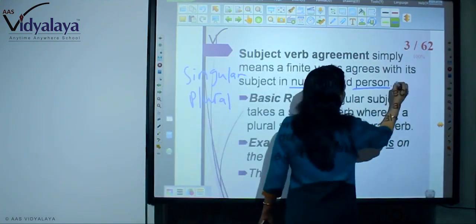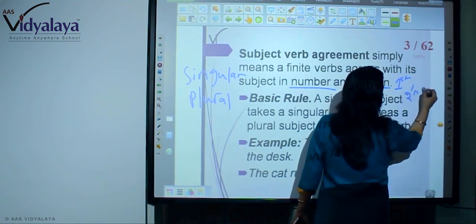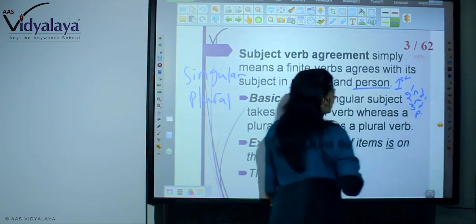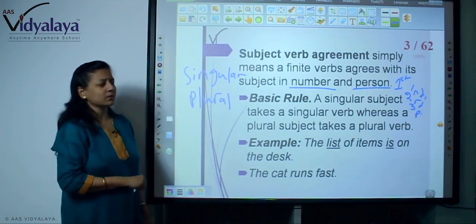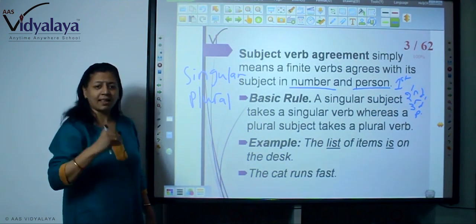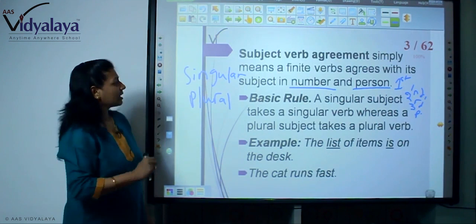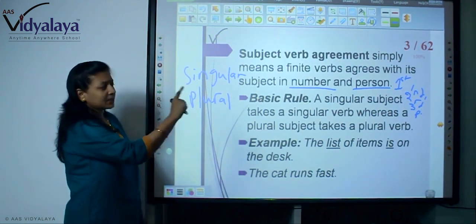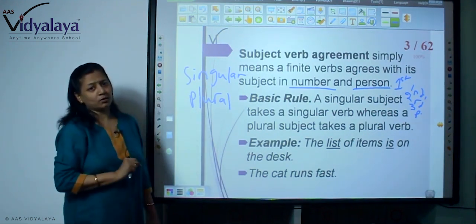And person: first person, second person and third person. First person I, second person you, and third person he, she, they, like this. So in the same way, we need to understand what your verb will be according to the subject. Subjects are all persons and the numbers are singular and plural.